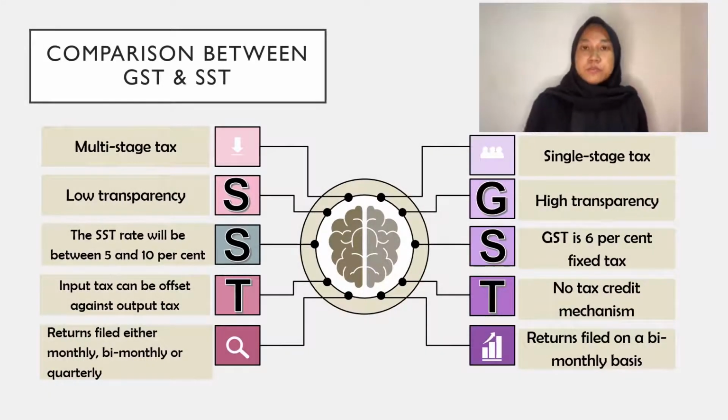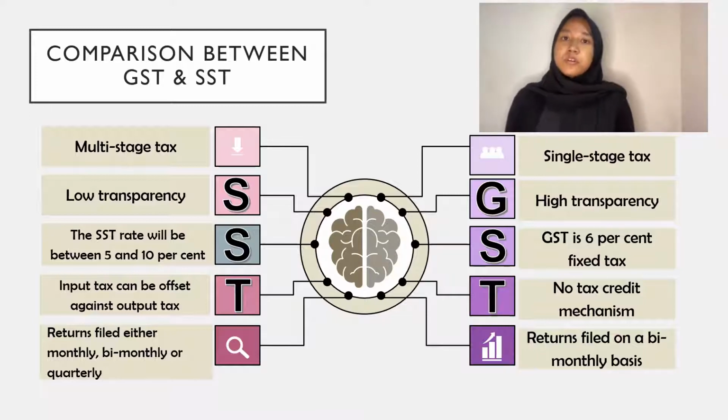Okay, next we move to the difference between SST and GST. Okay, first, SST is a multi-level tax system for most businesses and industries, including manufacturer, distributor, retailer, and consumer. For GST, it is a single tax imposed on factories or importers at 10%.